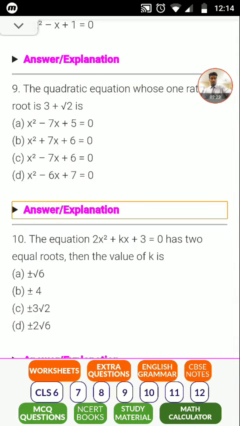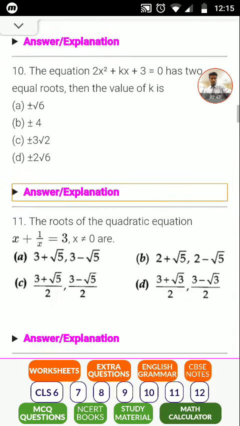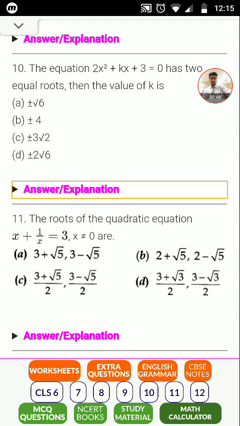Out here it happens to be option number D. Okay, moving on to question number 10, we have the equation, this has 2 equal roots, then value of k will be equals to b square minus 4ac equals 0. Discriminant will be equal to 0, and once you have put that thing equal to 0, value of k can be calculated really easily, and which happens to be option number 8.